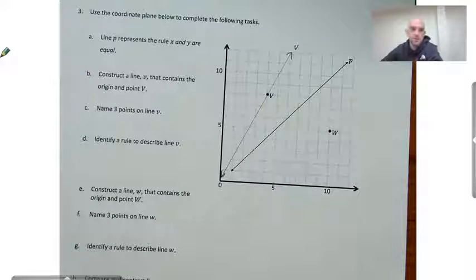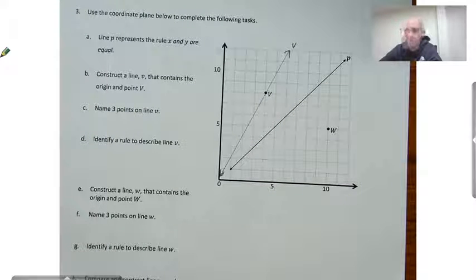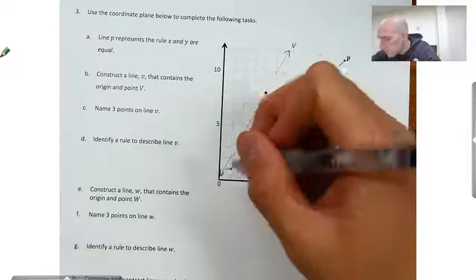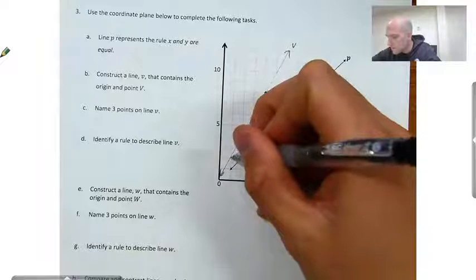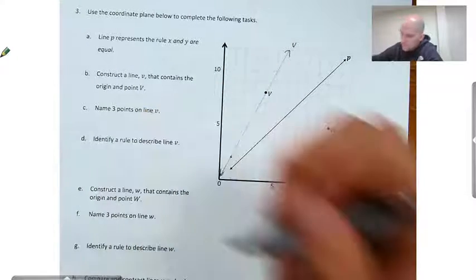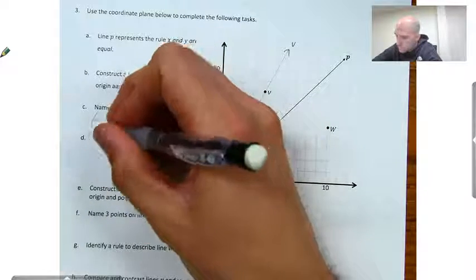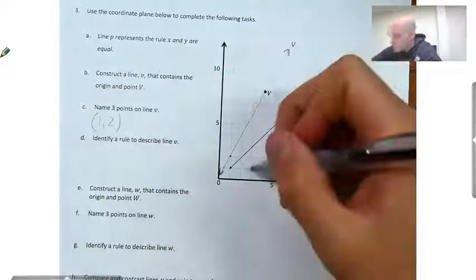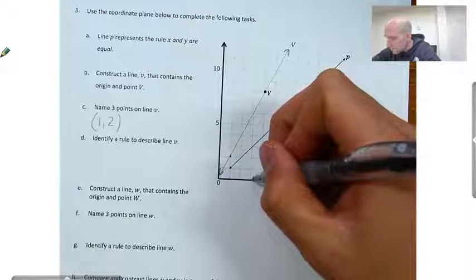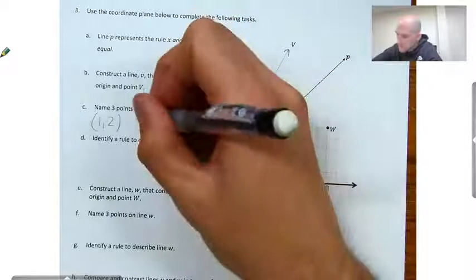And it asks us to name 3 points on line V. So let's do 1, 2. We'll do 3, 6.